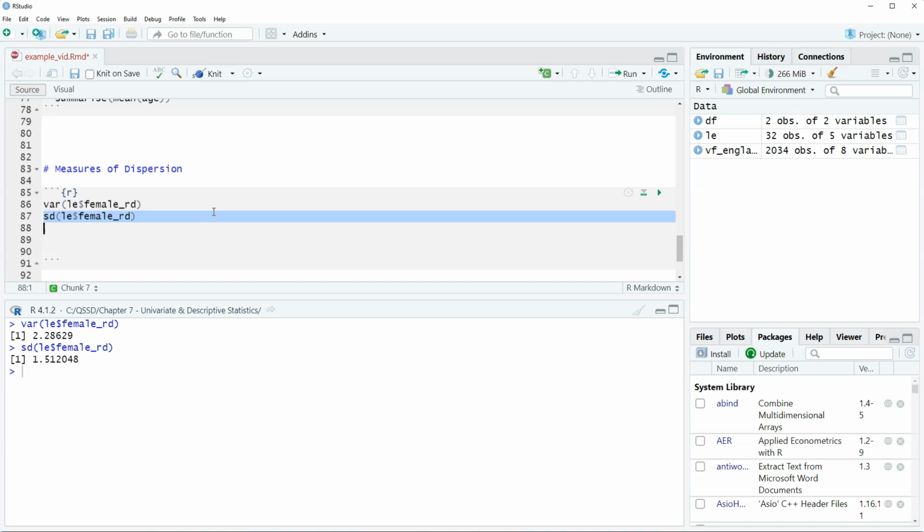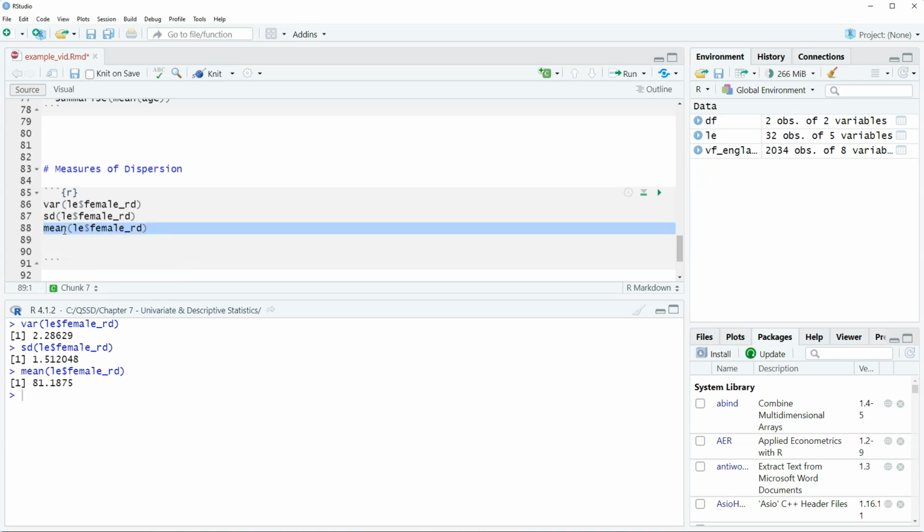Sometimes people ask, what's a good or bad value? There really isn't. It's just relative to the scale of the variable and what the mean is. The mean for female life expectancy is 81.19, so a standard deviation of 1.51 is really small.